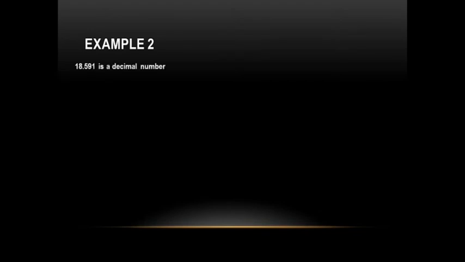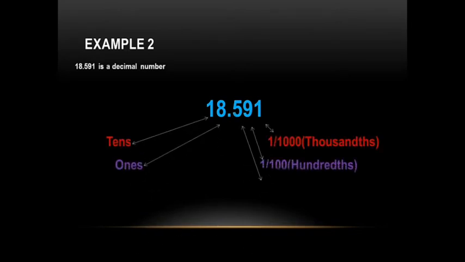So one more example we are going to see of a decimal number. So let's take 18.591 is a decimal number, in which here we see dot is the decimal point and 8 is the ones, 1 is tens, then here the 5 is 1/10th, means tenth means nothing but 1 of 10th part, but here it is given 5 as 10th place, so we will call it as a 5 of 10th.